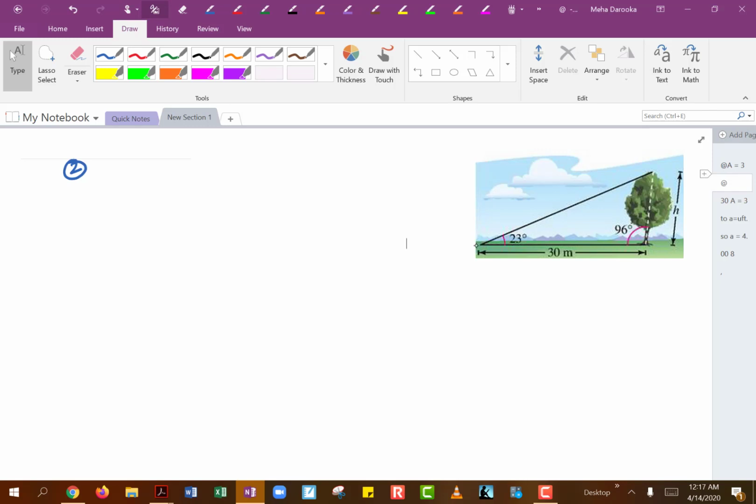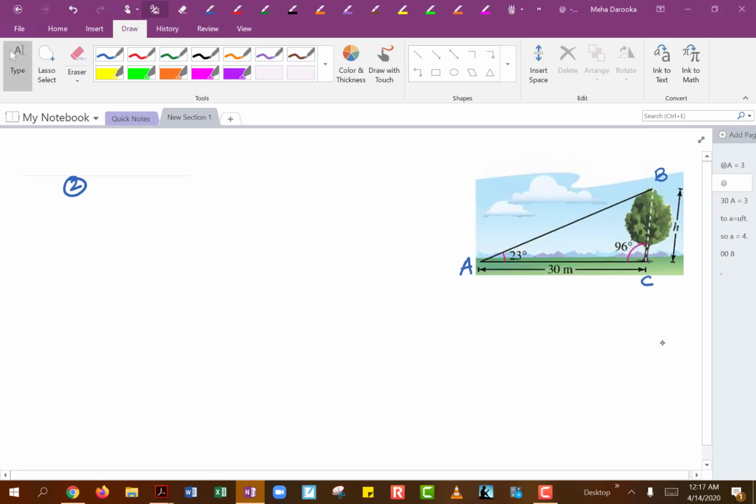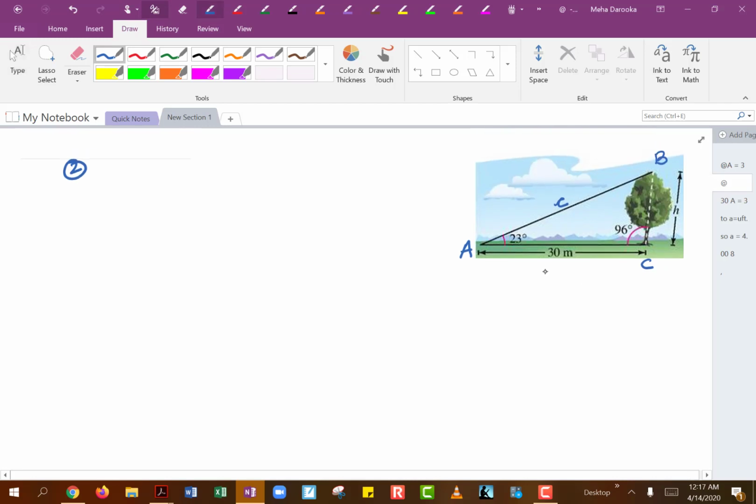So how about we call this angle of 23 degrees as angle A. The angle that the tree is making with the ground, let's call that angle C. And then this angle on the top of the tree, we'll call it angle B. Okay, so automatically the side across from angle C will become side C. The side opposite from angle B will become side B. And then that means the height of the tree, they're calling it H, but just to use our letters here, that would be side A, but let's keep it as H to kind of follow along with our example here.